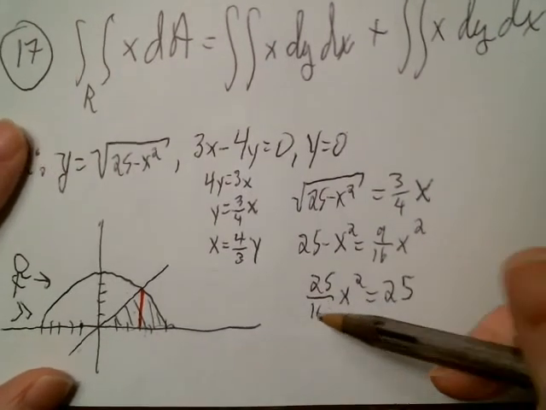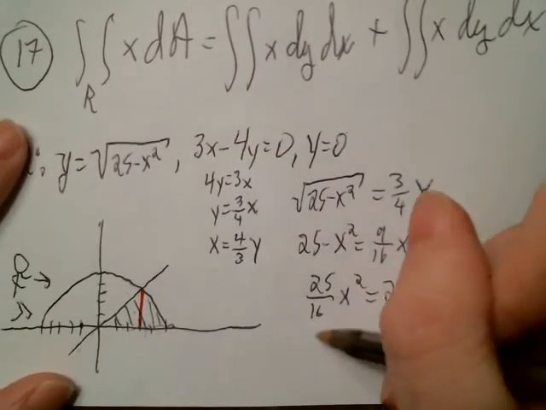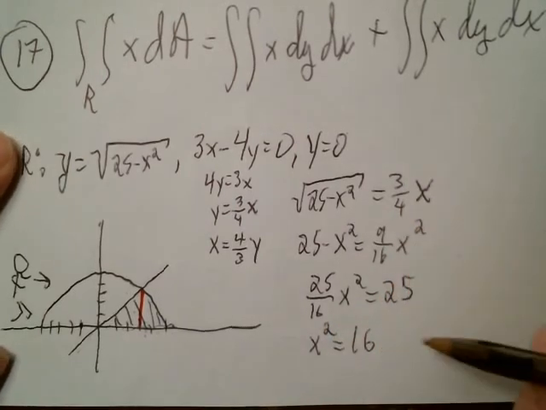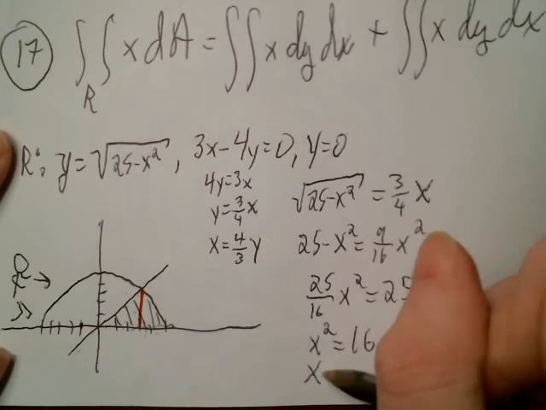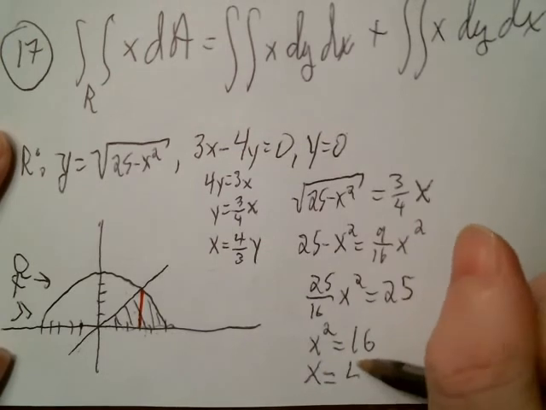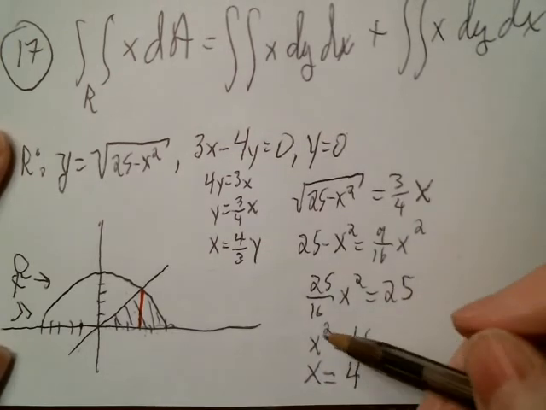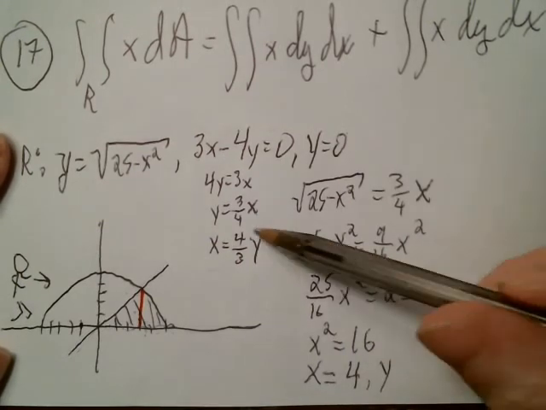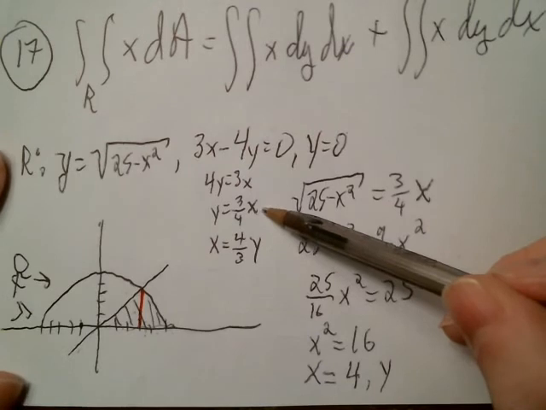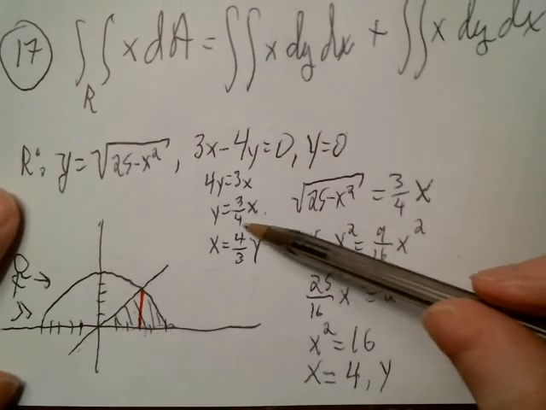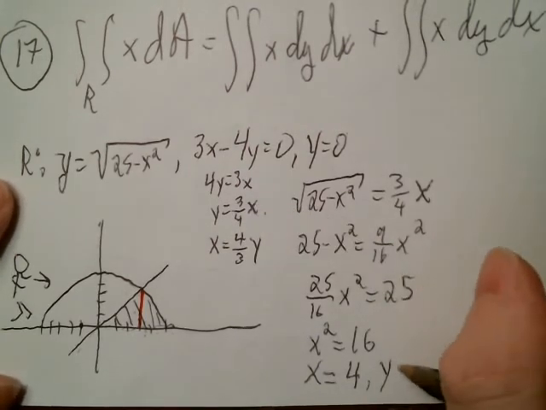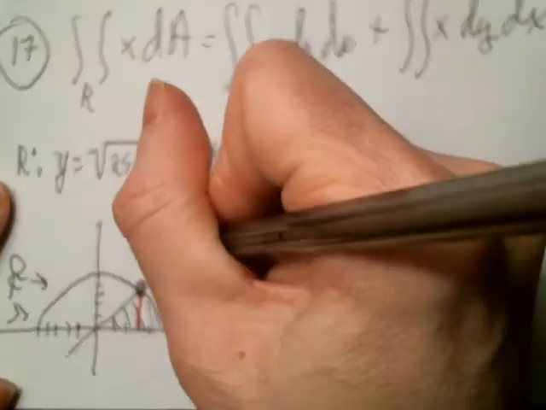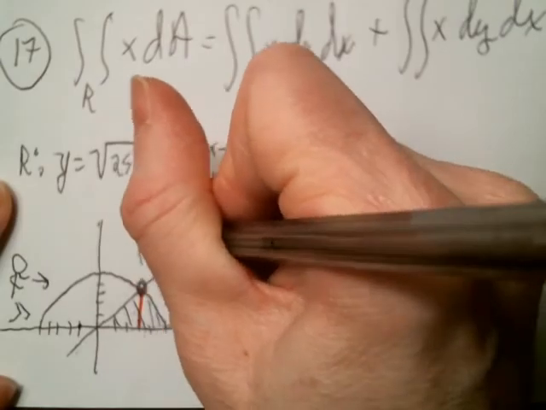Multiply both sides by 16 over 25 and get x squared equals 16. So x is plus or minus 4, but in particular we just want the positive one. And then if you plug back into your y equals 3/4 x formula, y equals 3/4 times 4, which is 3. So this point here is located at (4, 3).